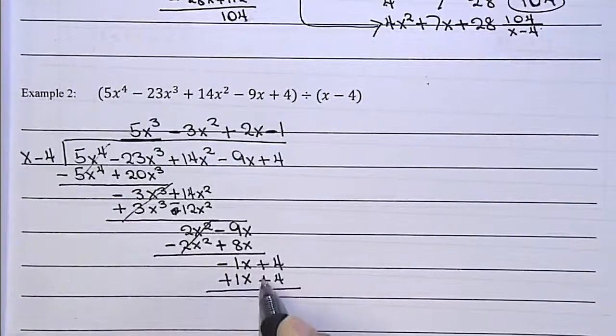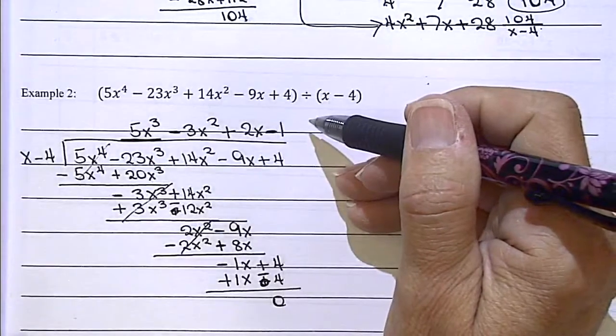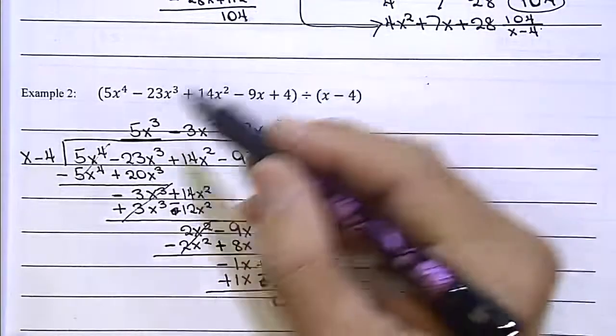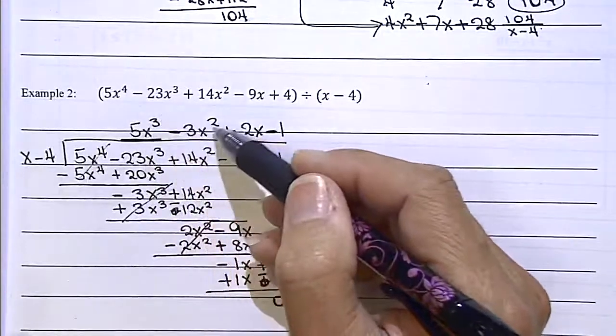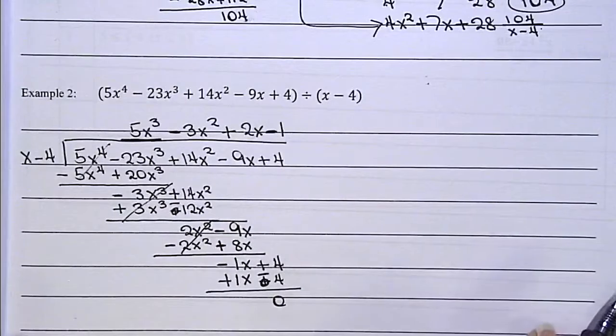This one becomes positive, and that positive becomes negative. And what happens? Yeah, there's nothing left. You can put 0 if you want. So what's the remainder on this one? There is none. Right, it's 0. Okay, so my answer, 5x cubed minus 3x squared plus 2x minus 1, no remainder, right?